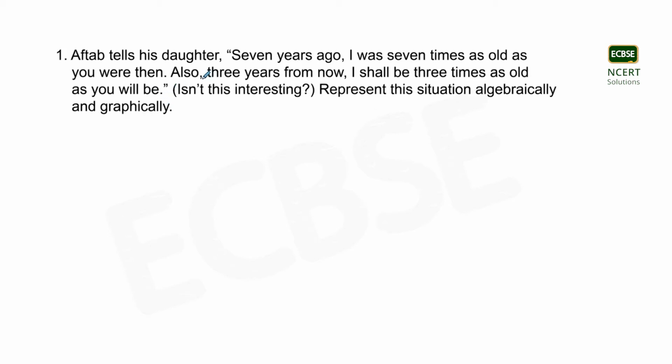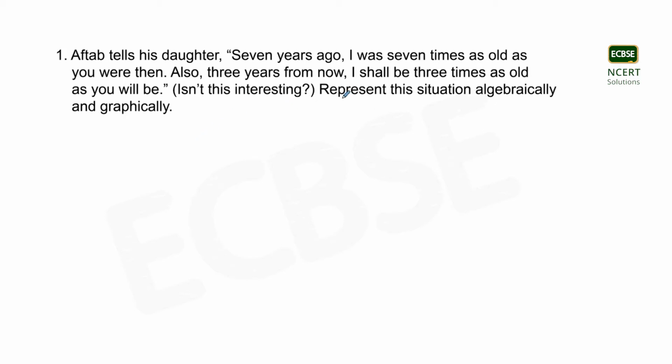So here two statements have been given in this question, and in both statements, the ages have been considered. Aftab is comparing the present age of Aftab and his daughter with the age they were 7 years ago, and also with the age they will be 3 years in the future.